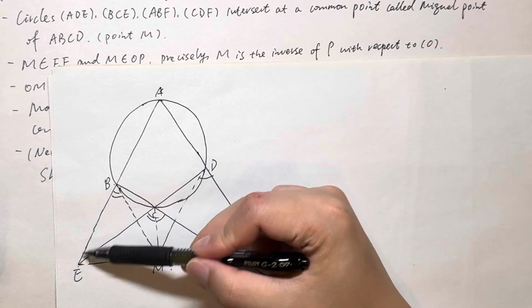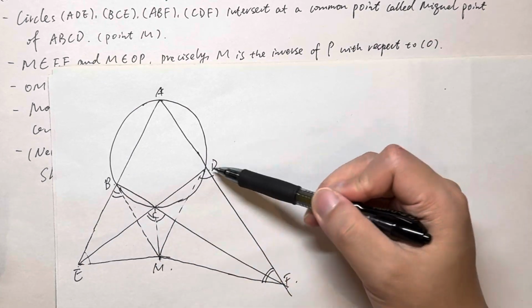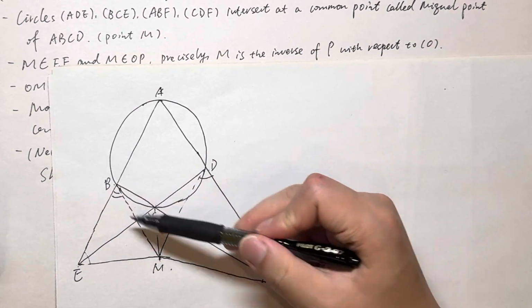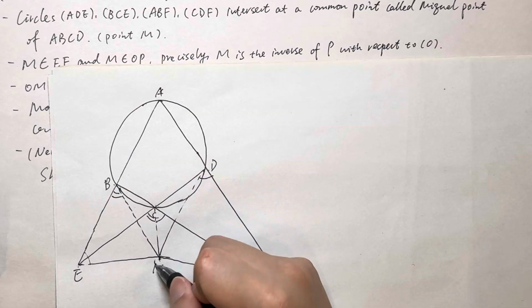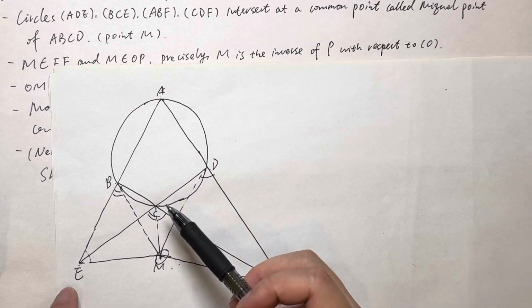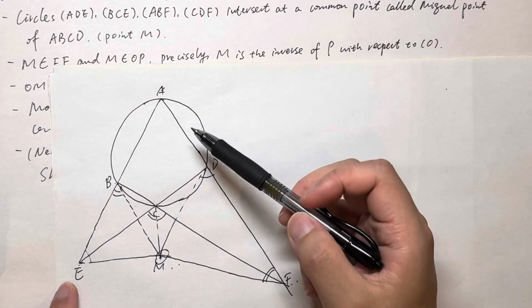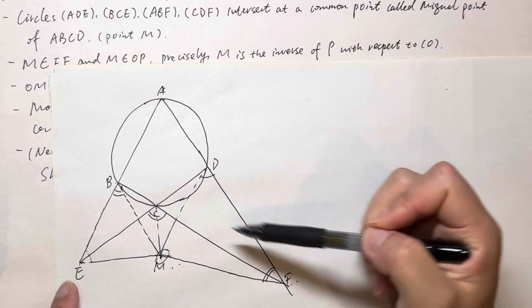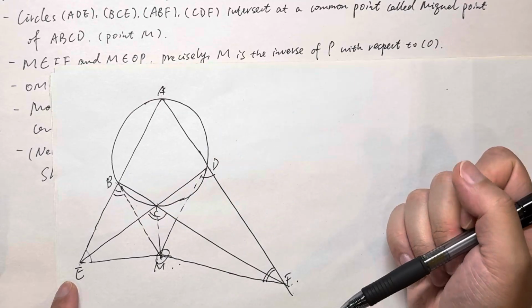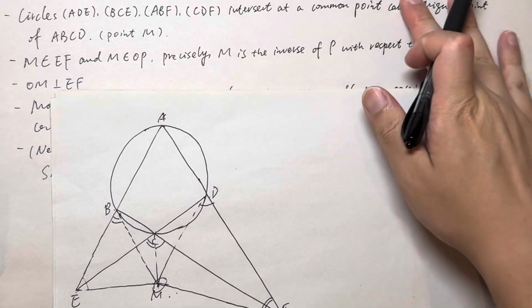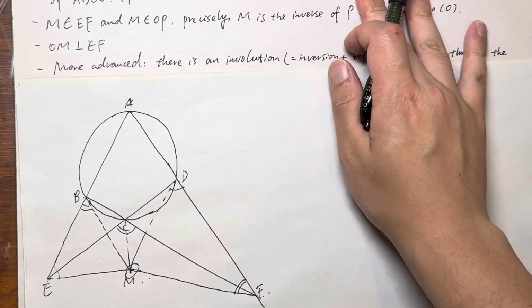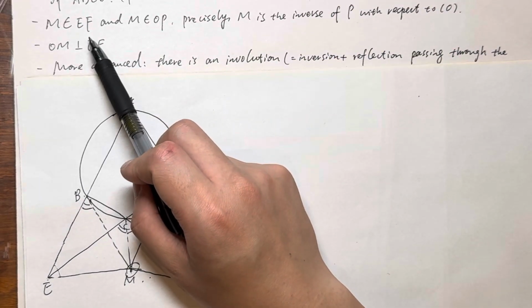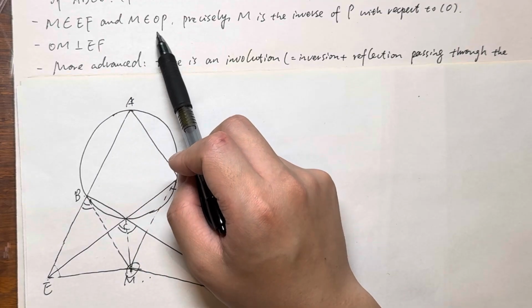Which means angle EBM equals angle DFM, which means BMFA are cyclic. Okay, so therefore, the circles EBC, EAD, FCD, FBA are concurrent. Okay, and now we want to prove that M is on EF and M is on OP.